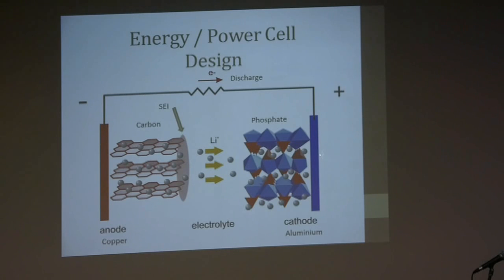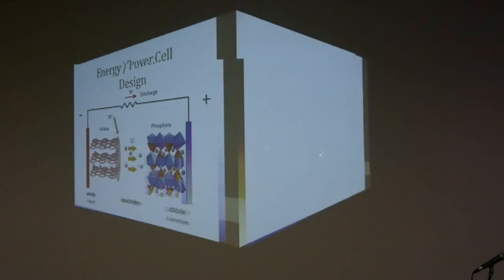They don't have to wait for one in front of them to get out. And that's the difference between power cells and energy cells and everything in between, because you can make the thickness as big as you like. But that's basically what the difference is.